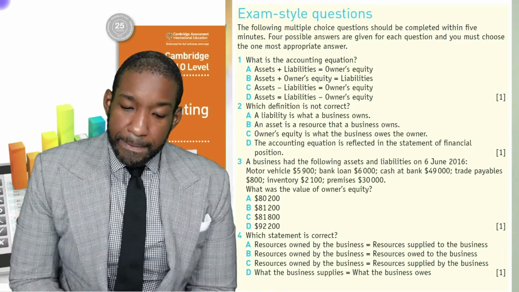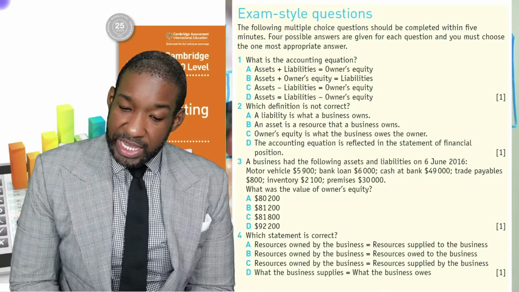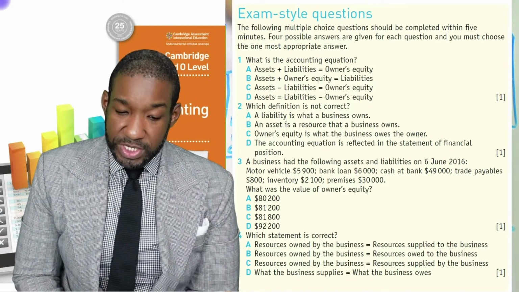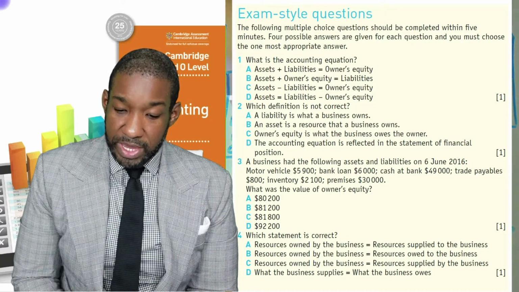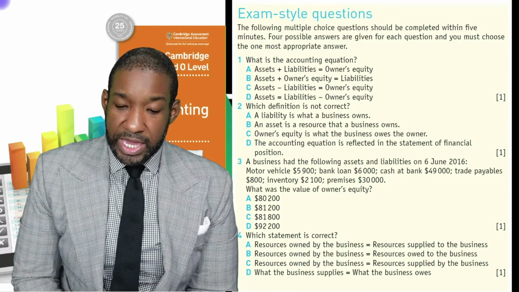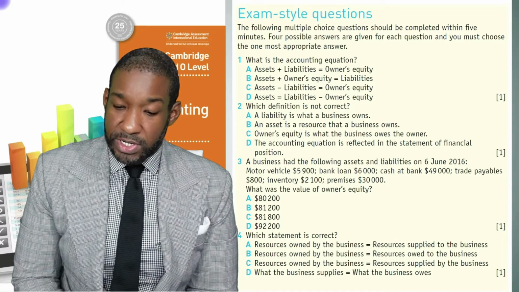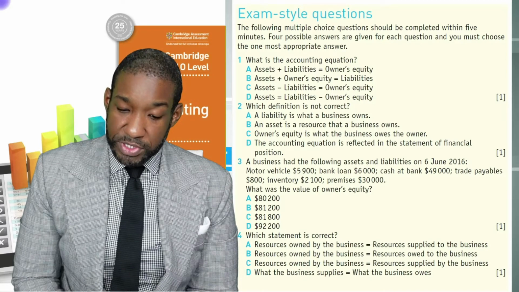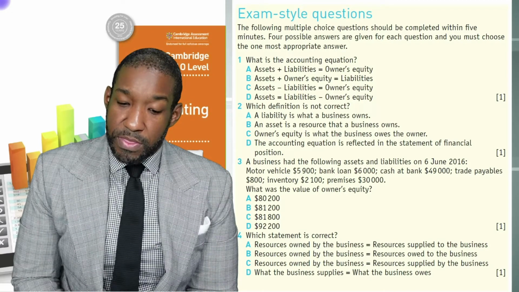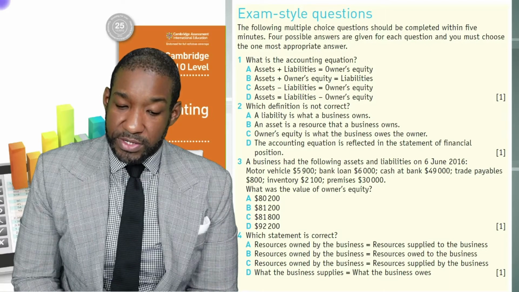Number 3, a business had the following assets and liabilities on the 6th of June 2016. Motor vehicle, $5,900. Bank loan, $6,000. Cash at bank, $49,000. Trade payables, $800. Inventory, $2,100. Premises, $30,000.